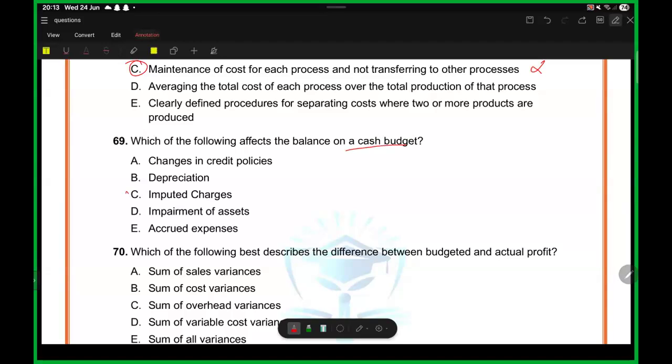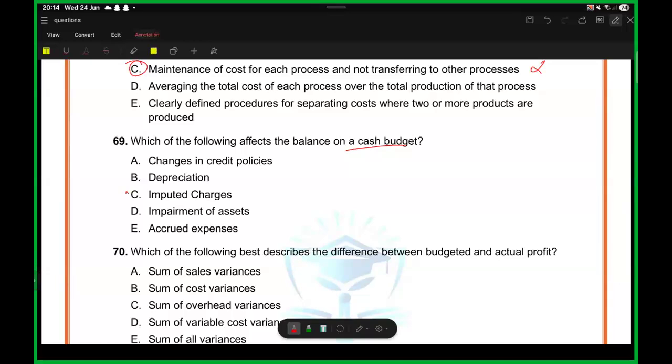Guys, let's deliberate because we need to analyze it. When you go to the exams, you may not be able to do everything. Sometimes when you are able to take out the wrong ones, it helps you make a more comprehensive decision to select the right answer. Which of the following affects the balance of a cash budget? Cash budget is prepared on a cash basis.